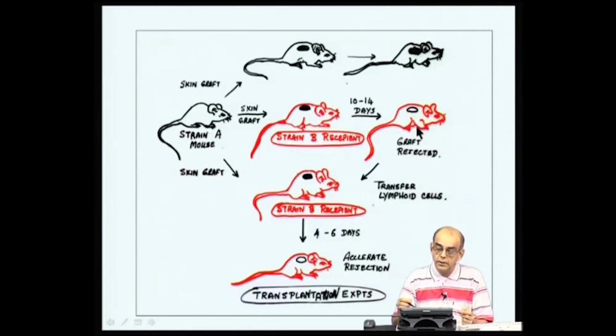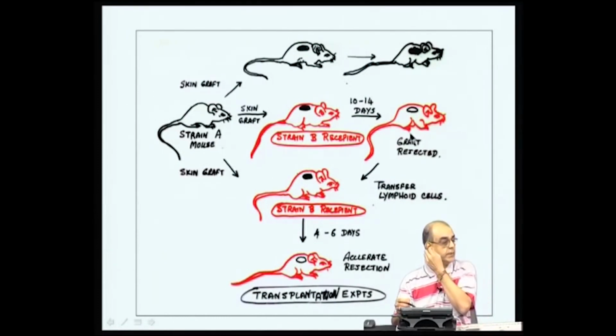Now, if you were to do this again, let us say a mouse that has rejected this black piece of skin, and you again sutured another piece of skin onto this mouse which had already rejected black skin, you would find an accelerated response. In other words, there would be an immunological memory.